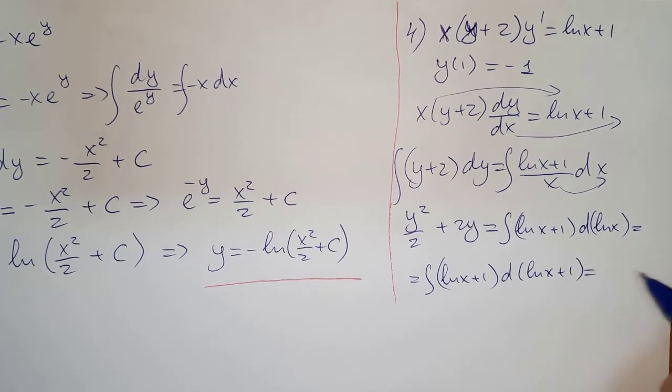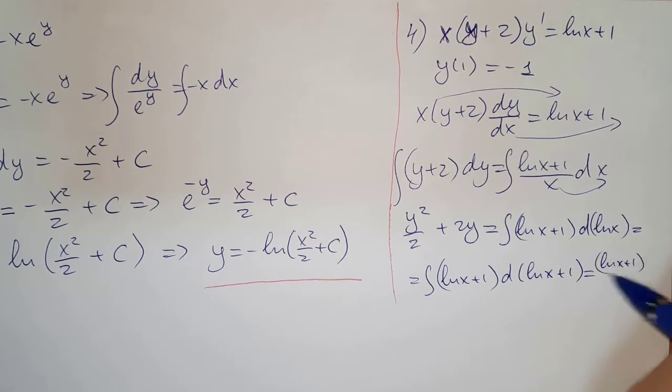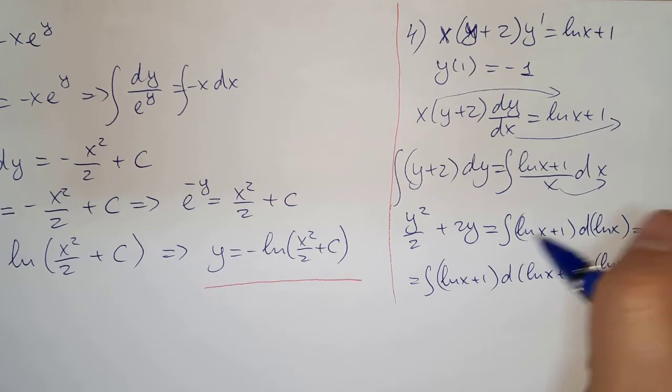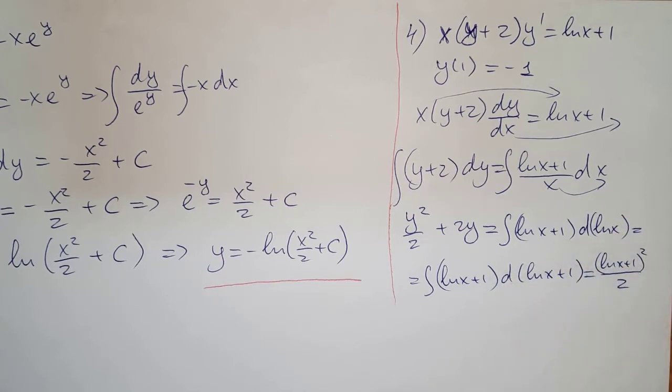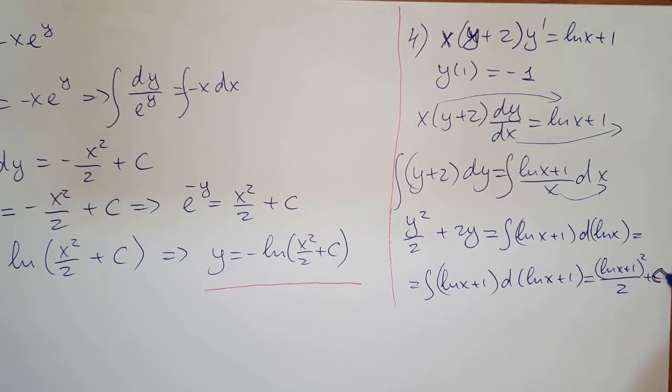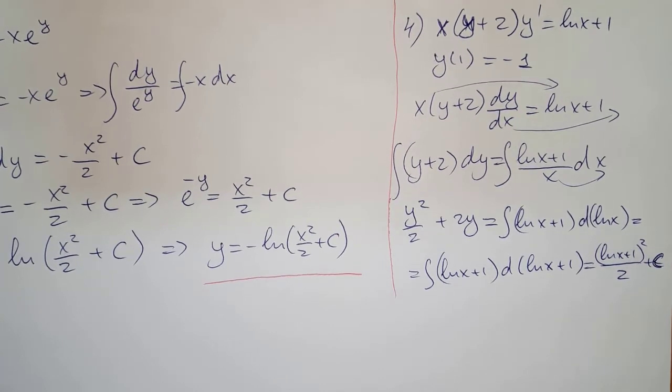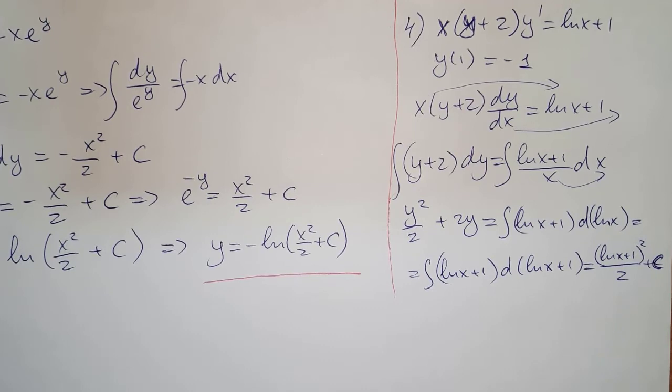So the answer here is natural logarithm of x plus 1 squared over 2, because now it depends on this natural logarithm of x plus 1, plus a constant, any constant. Okay, now we need to use this initial value.